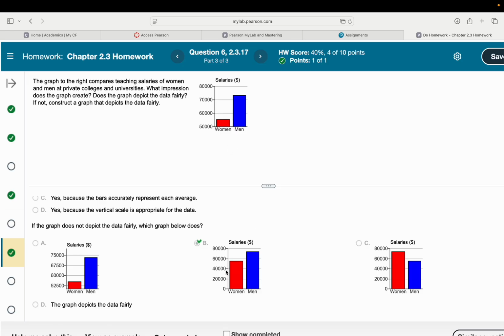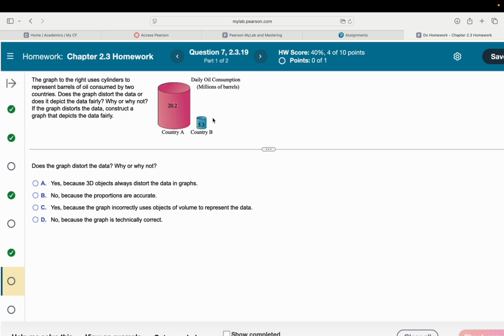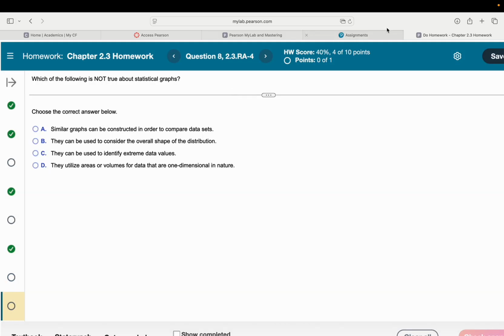There is a difference, and we would still consider this statistically significant, trust me, but it's not a true image in this case to distort it and start from, well, the women's bar is barely anywhere and the men's bar is fully up to about 80,000 or up to the height of the graph. All right. Well, look at that. We just saw a 3D object, so there you go.